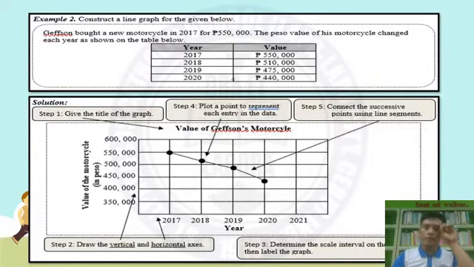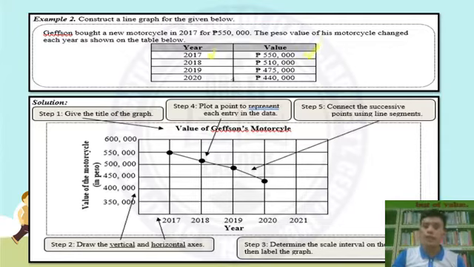Example number 2. Jefferson bought a new motorcycle in 2017 for $550,000. The peso value of his motorcycle changed each year, as shown on the table below. Year 2017, the value of the motorcycle is $550,000.